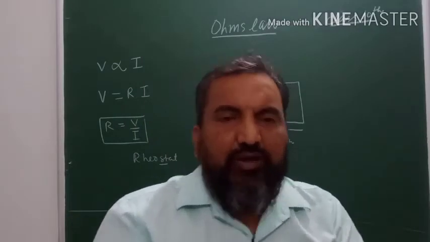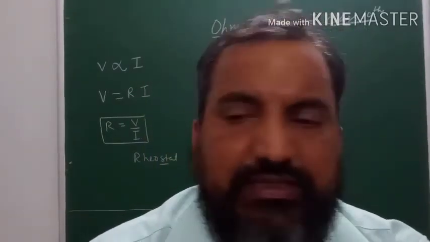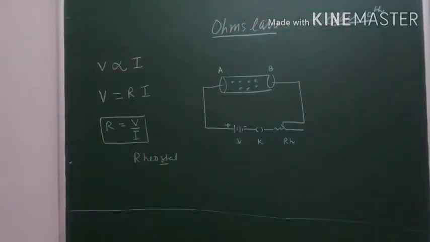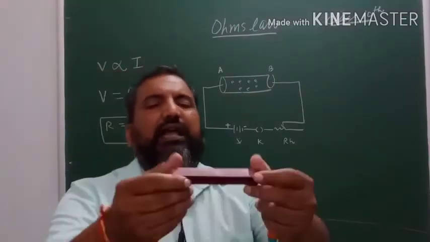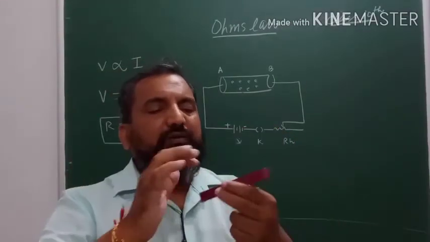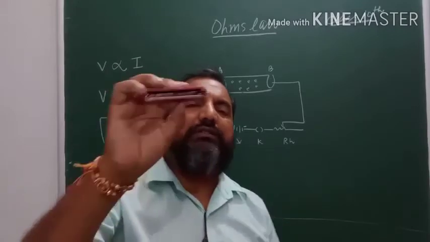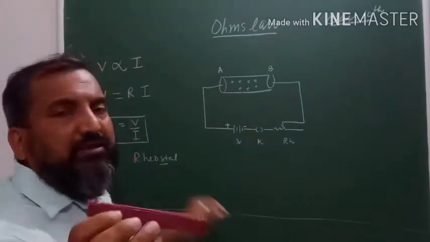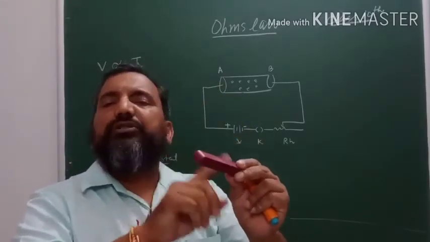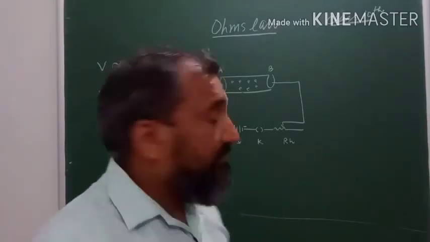And this is a 10 ohm resistance, R, which opposes the flow of the current.